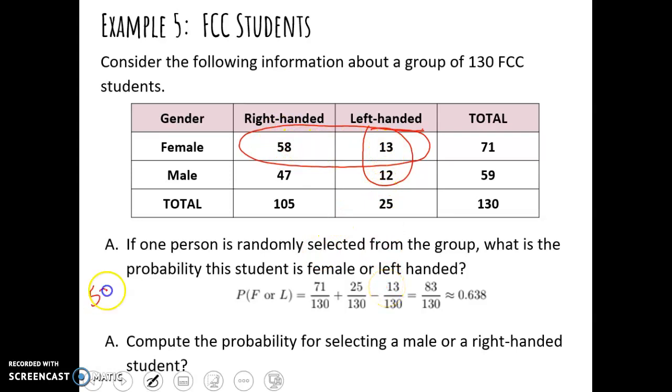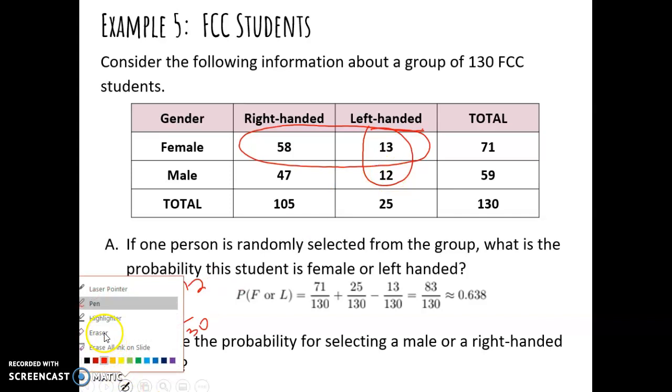So 58 plus 13 plus 12 is the same as 83 out of 130. So you can also use the table and circle everyone that's female and everyone that's left-handed, and just make sure that when we did it that way, we didn't add the 13 twice. That's just another way to approach it.